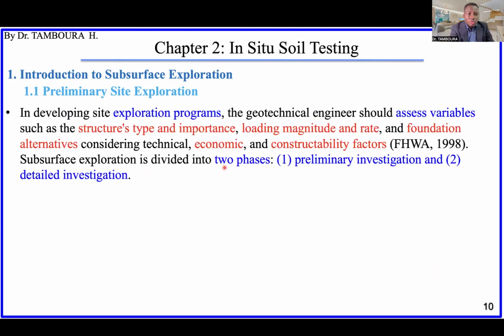So in developing site exploration, the geotechnical engineer should also assess variables such as the type of structure and its importance. I already talked about that before.